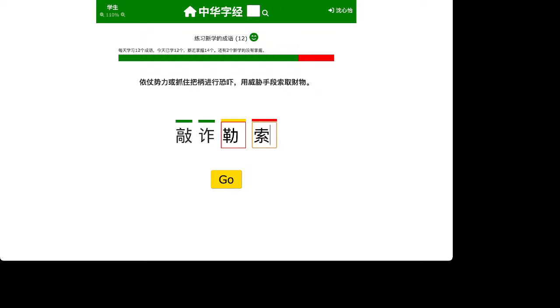This one. 填3个空格，敲诈勒索. 填1个空格，见义勇为. Wait, that's the one for doing. This is the one for bravery.